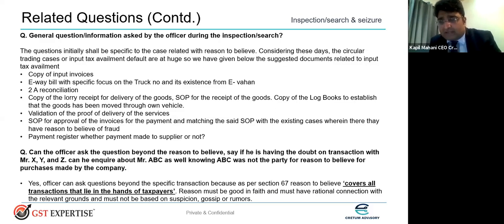So what is given in this question is that if the search is being carried out, the officer is also asking those questions which have to do with the accounting process.